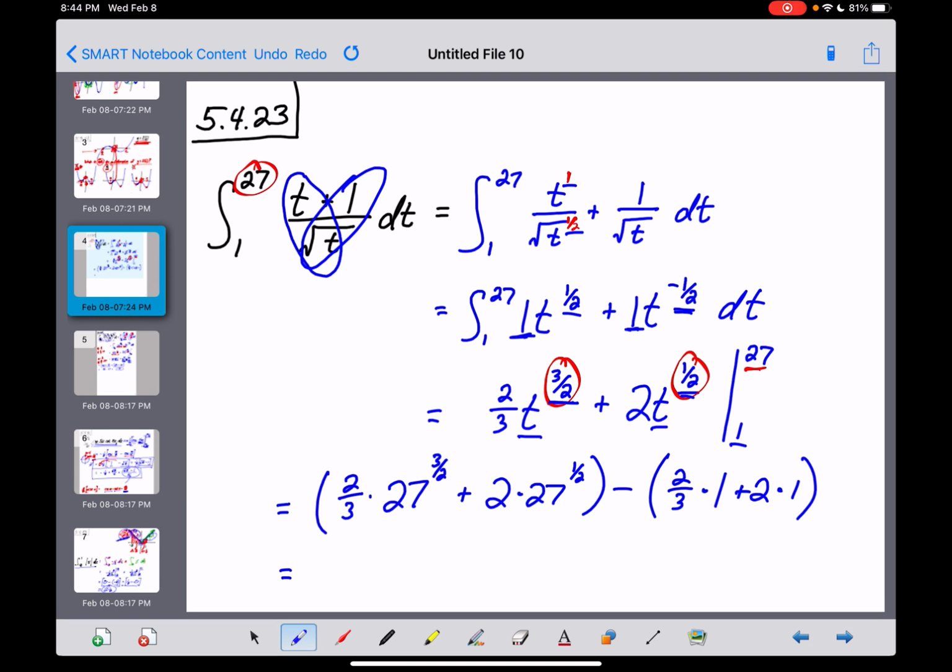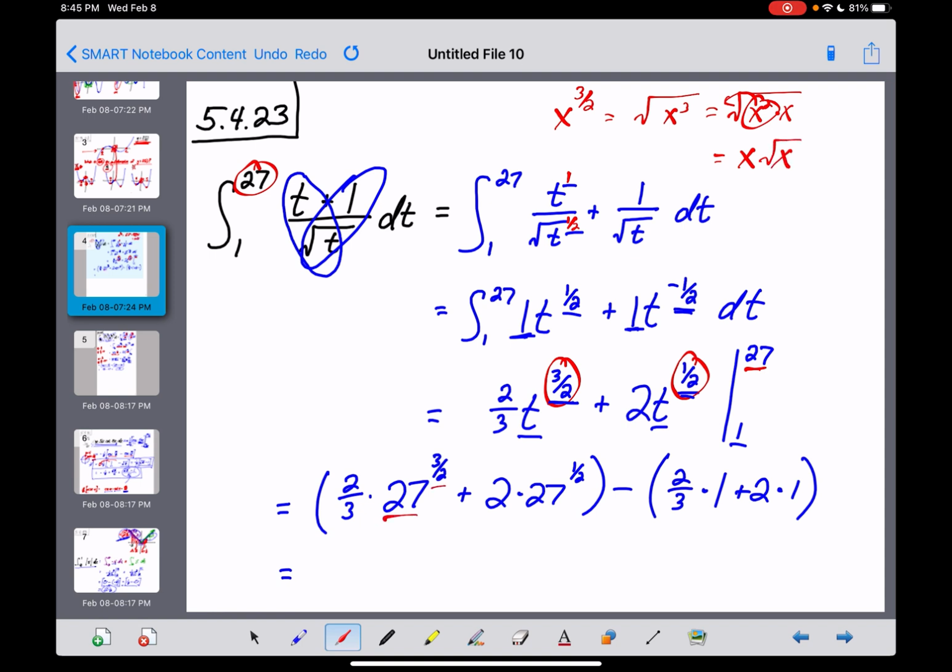Okay, 27 to the 3/2 power. So what I'm kind of hoping people know is that any number, like x, raised to the 3/2 power becomes the square root of x cubed. And that means that x cubed right there is x squared times x. And the square root of x squared can be pulled out in front, you just end up with x multiplied by the square root of x.